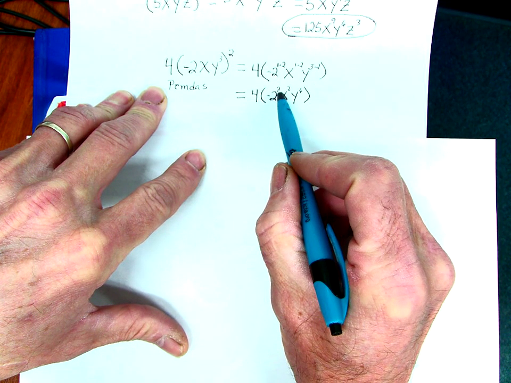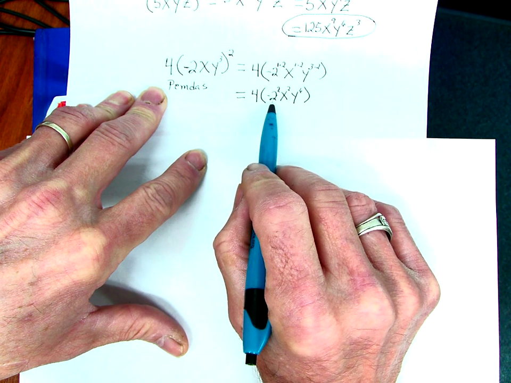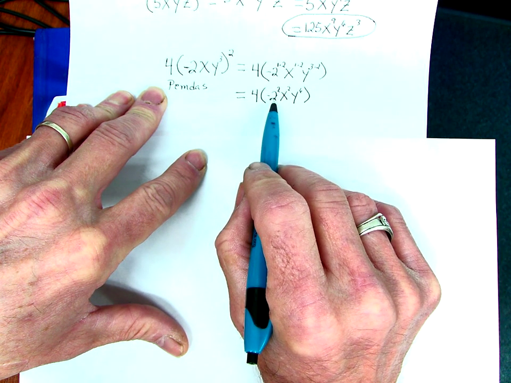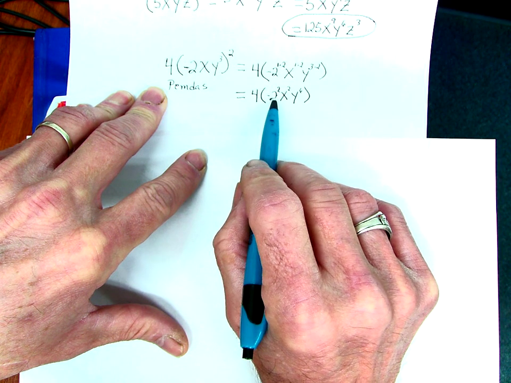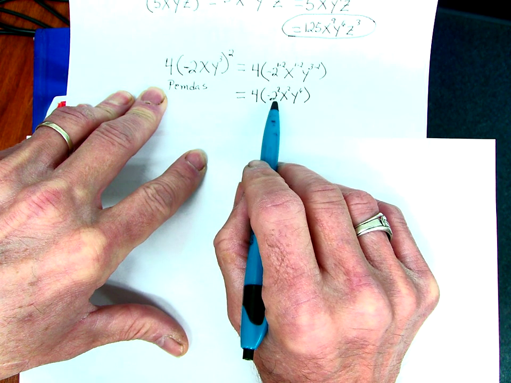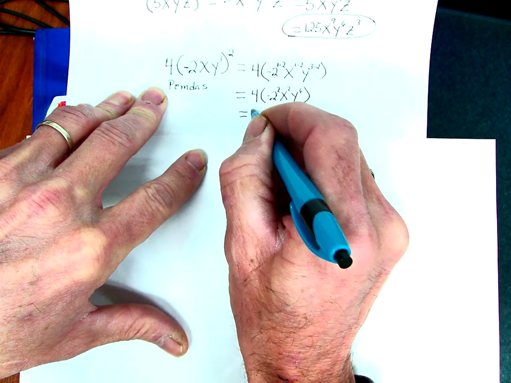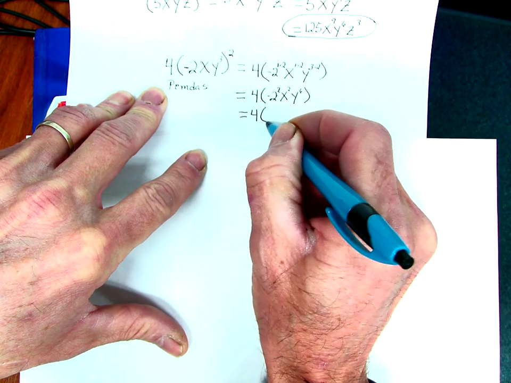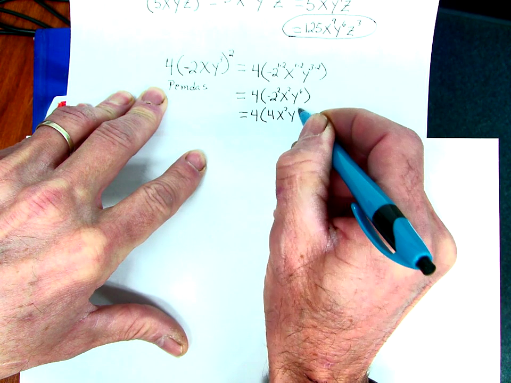Negative 2 squared. Now if you were to do that in your calculator it would tell you the answer is negative 4. It is not negative 4. This means negative 2 times negative 2, which is positive 4. So we have 4 times 4, x squared, y to the 6th.